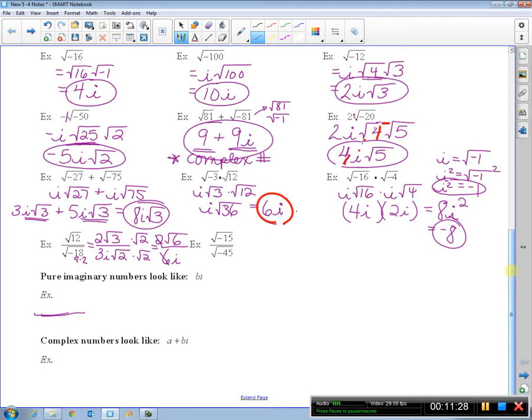So let me do this right down here. Radical 6 over 3i. Well, that's not working out very well. Radical 6 over 3i. Which actually simplifies further.